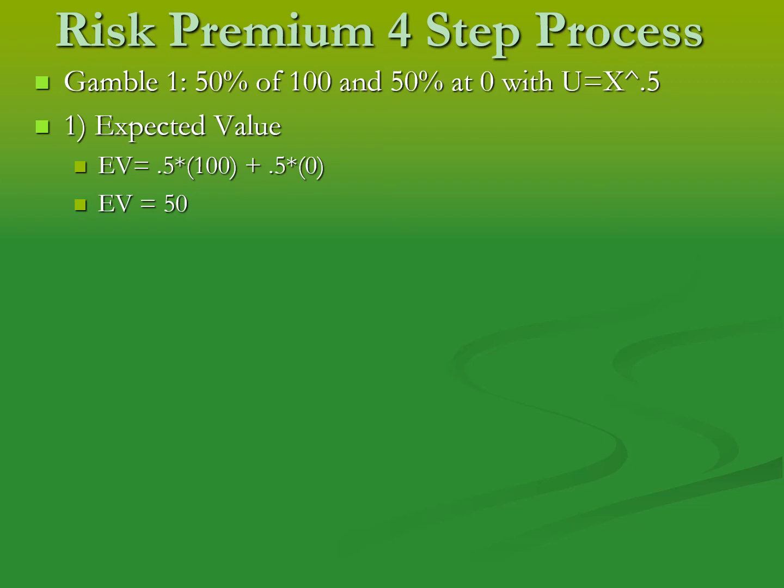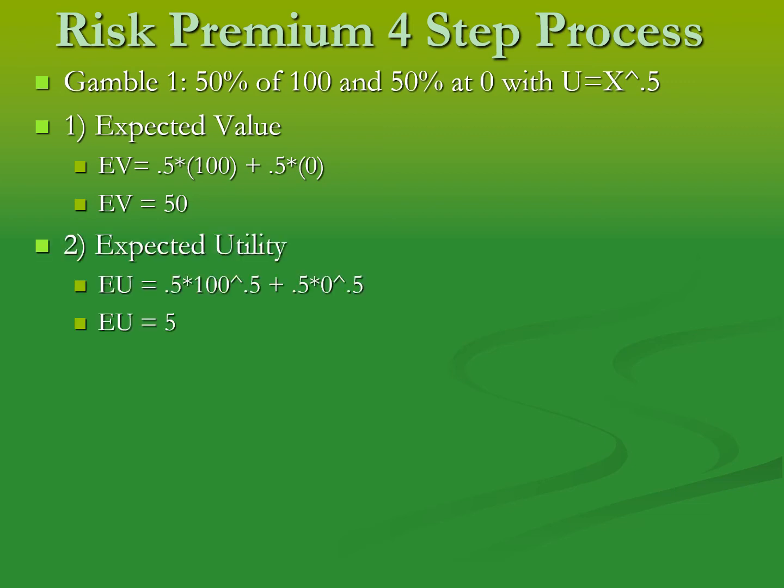Now at step 2 you find the expected utility of the gamble. What we have to do for the expected utility is take each payoff, plug that 100 into the utility function, and 0 into that utility function, and then multiply by those probabilities, just like what we were doing before.